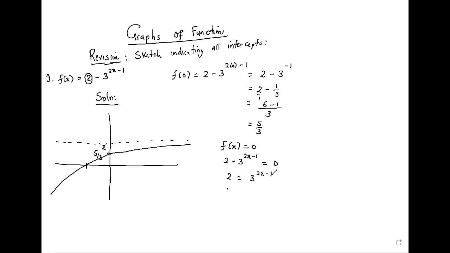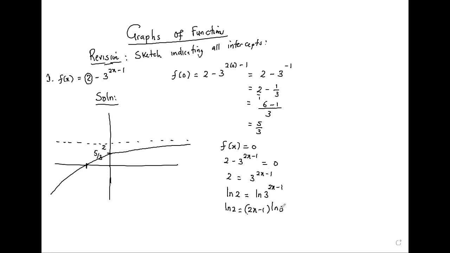So we have the log, because we use ln 2 is equal to ln 3 to the power 2x minus 1. So we drop the power now. So we have ln 2 is equal to 2x minus 1 multiplied by ln 3.